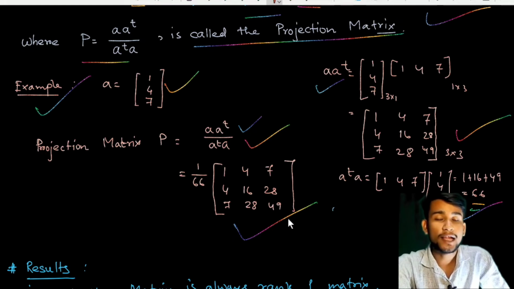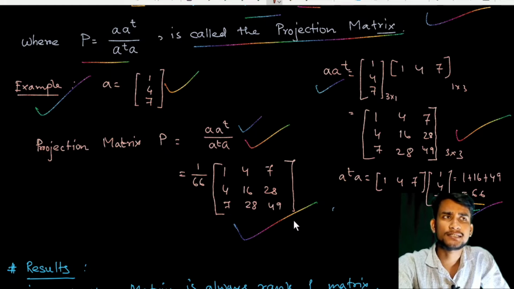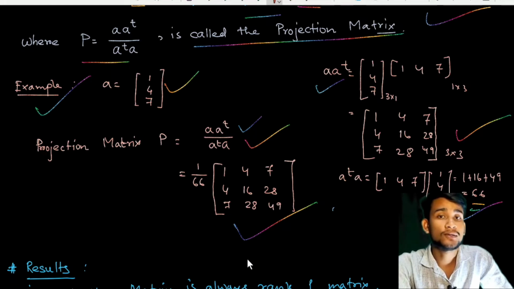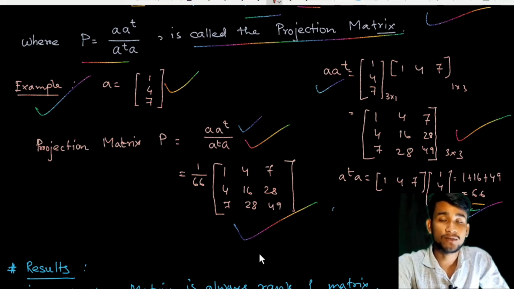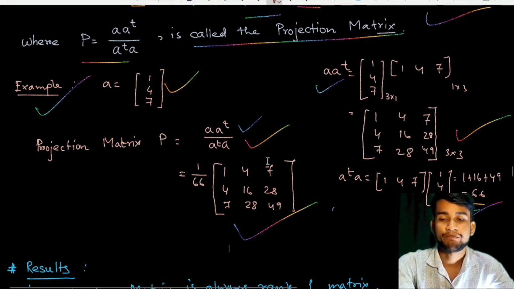I think in a question paper there was a question from this, where you have to find the trace of the projection matrix. It is a very interesting question. I think it's a CSIR question or another one, but I forget.